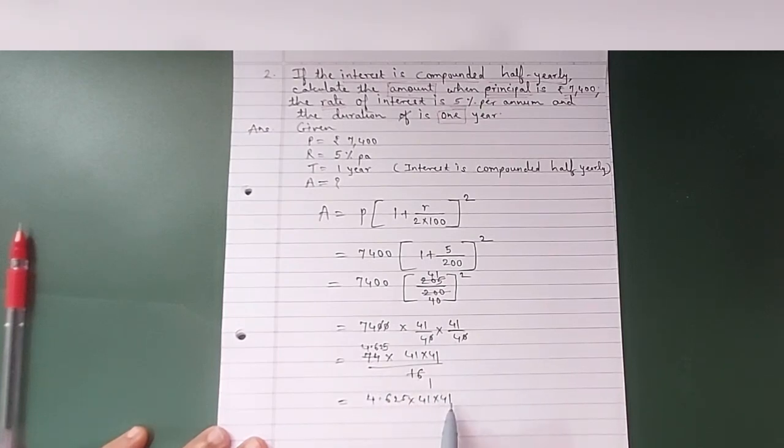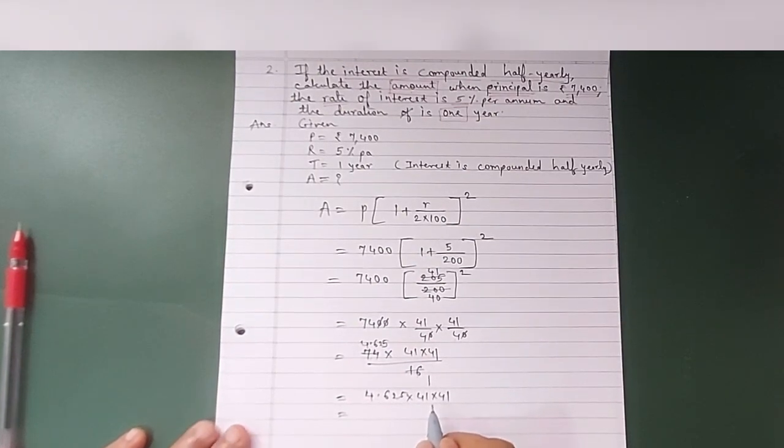4.625 into 41, and now here you don't have any option, you have to multiply this. Okay, you should not get bored with this. If this multiplication will be correct, you will reach your final answer.